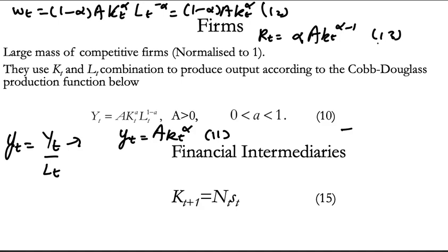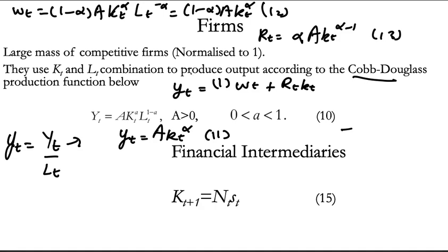We know that this is a constant returns to scale function because it is a Cobb-Douglas function. Therefore, this implies that output per worker is actually equivalent to labor equal to 1 times w_t plus r_t times k_t.